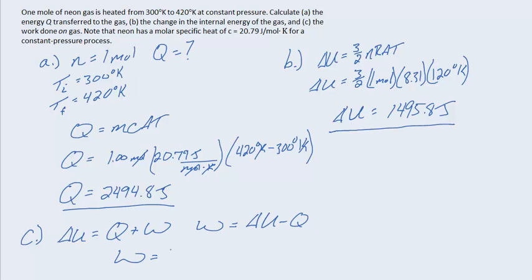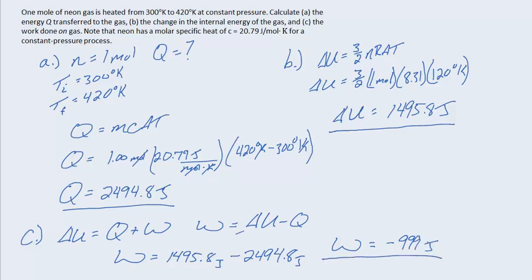Our change in internal energy had a value of 1,495.8 joules, minus 2,494.8 joules, which gives us a value equivalent to negative 999 joules of work.